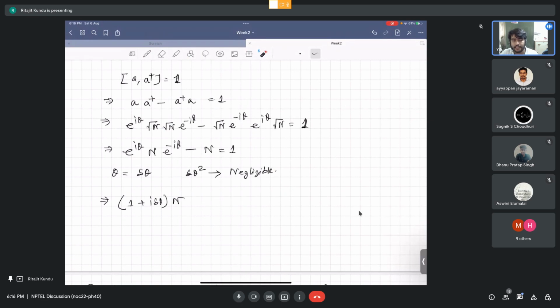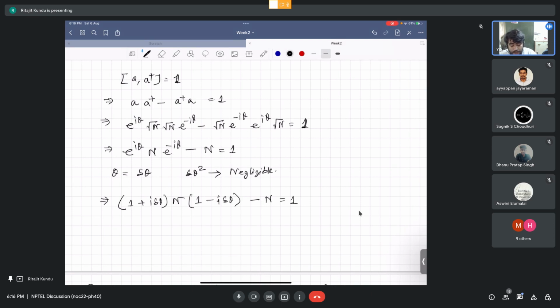In that limit, we can expand these exponentials. So the first operator becomes 1 plus i d theta, and then the second operator becomes 1 minus i delta theta. And there is additionally n, equal to 1.